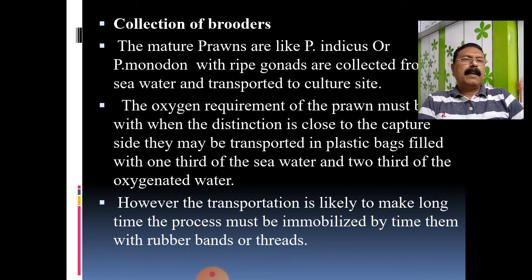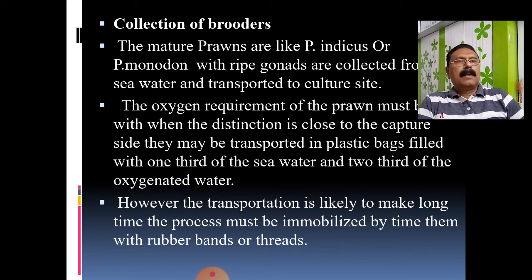Brooders can be transported in a container, and generally we use plastic bags filled with 1/3 seawater and 2/3 oxygenated fresh water. That means here it will require well oxygenated water.